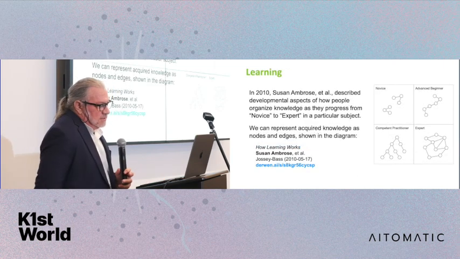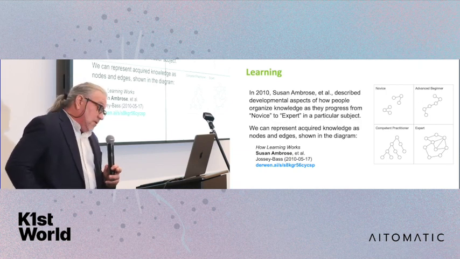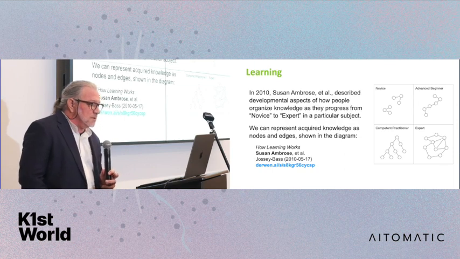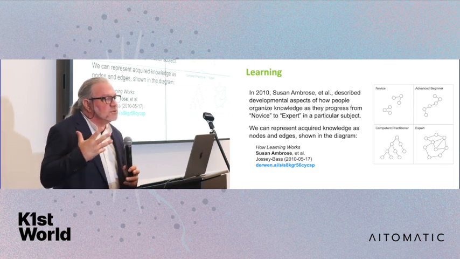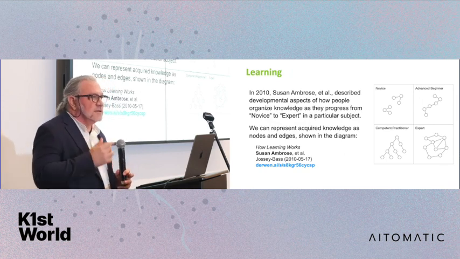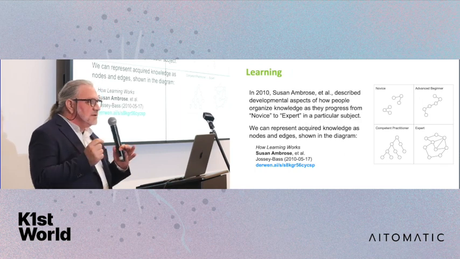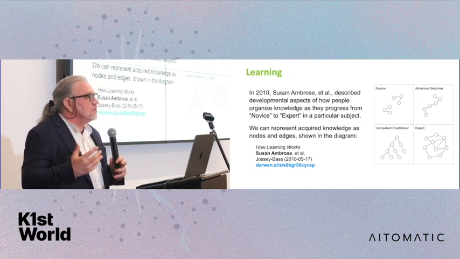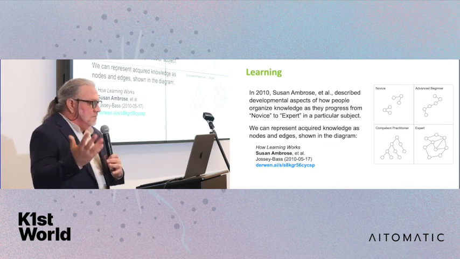There's an analogy in this in terms of cognitive science, in terms of cognitive psychology, how people learn. There's a really great introductory book by Susan Ambrose. The idea is that when people start to learn a new kind of field, they typically start out with a few disconnected facts, and they start stringing together the facts. When people become more of an advanced beginner, they can put together a lot of chains of association, putting together the facts.